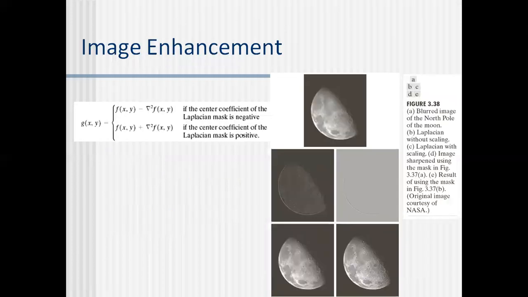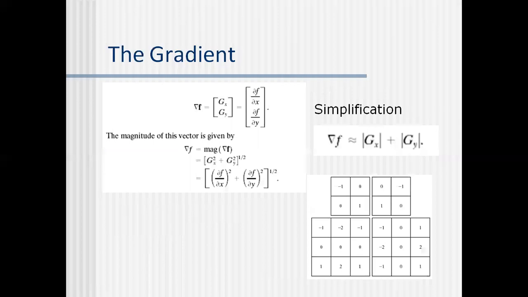So, image enhancement examples in image views like this. Earlier we had a discussion about the Laplacian, that is second order differentiation. Here is first order differentiation. First order differentiation means only dou f by dou x, but not dou square f by dou x square or dou square f by dou y square.